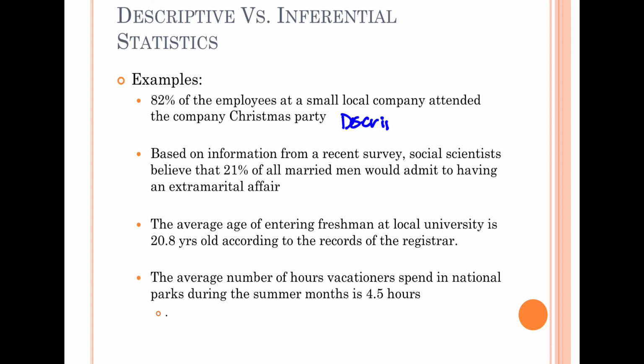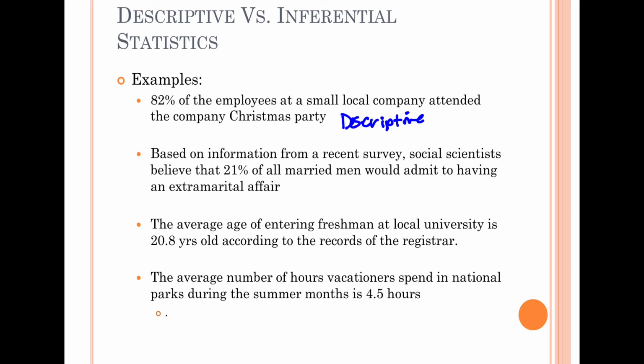It's a small enough group that we could probably have actually collected the information, and we're not having to infer anything. We're just crunching numbers. Number two: based on information from a recent survey, social scientists believe that 21% of all married men would admit to having an extramarital affair.